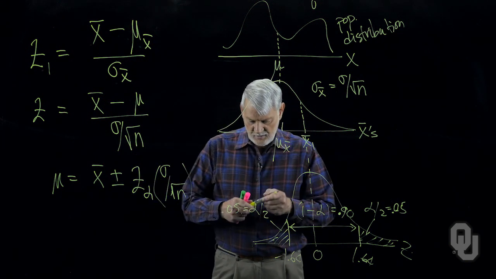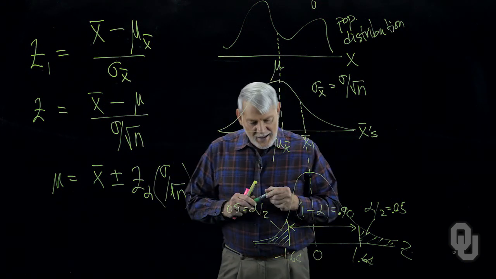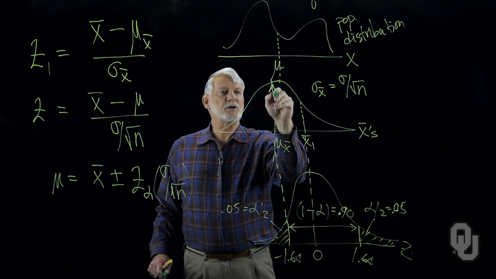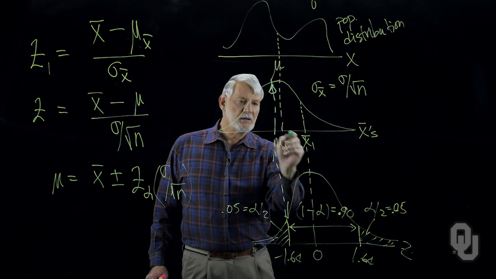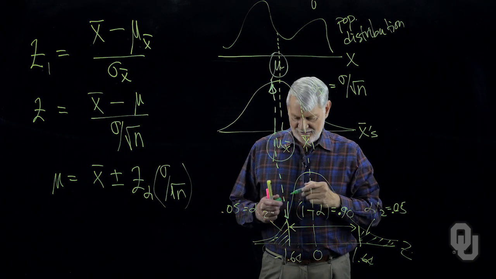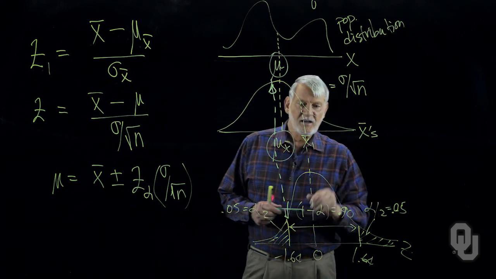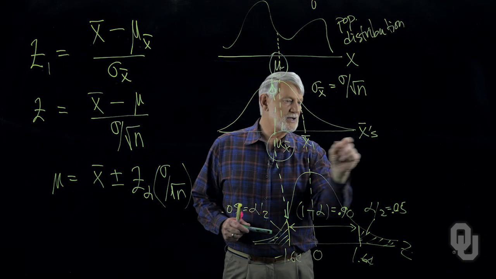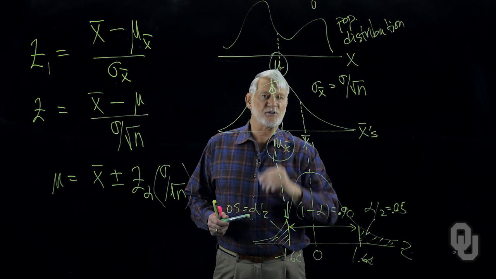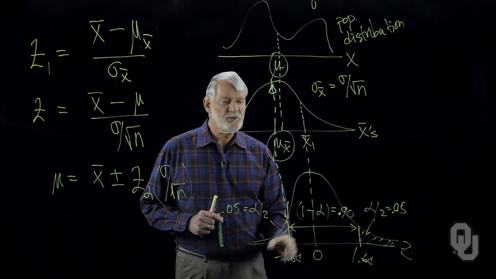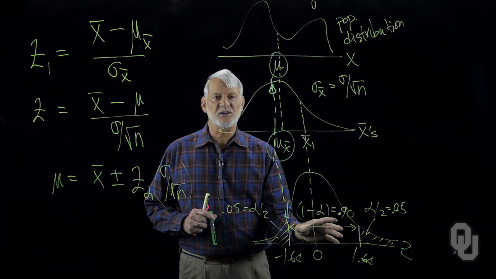Notice what I've done. I've managed to, in this particular case, capture the true mean. But there's no reason that I know that. I will never know that. This x bar could have come from who knows where up here. If it comes from way out here, then I don't capture the true mean. In this example, the true population mean falls within the range of the 90% confidence level.